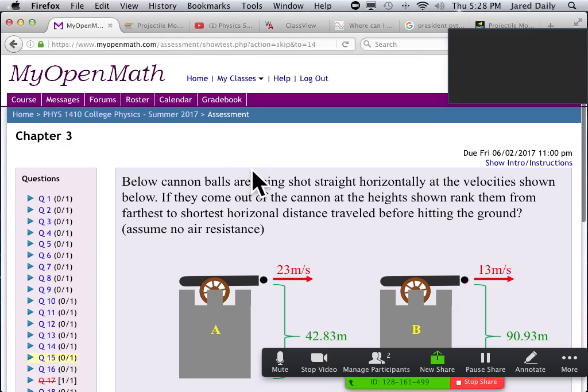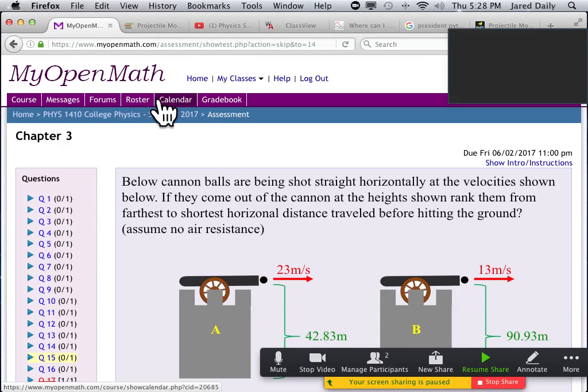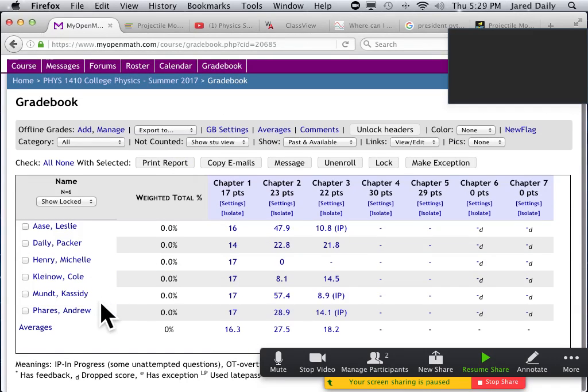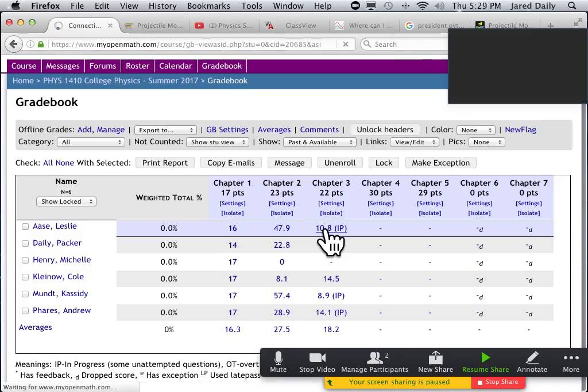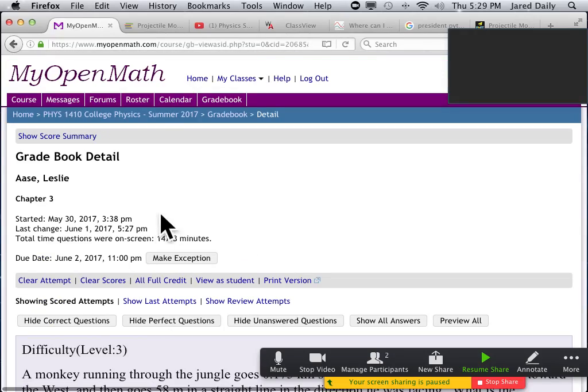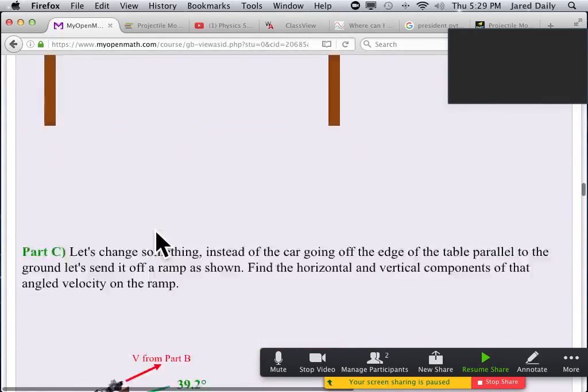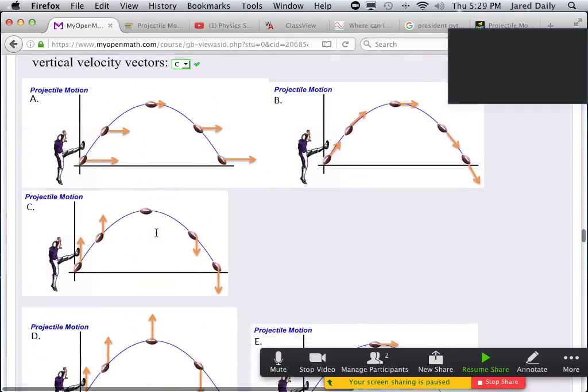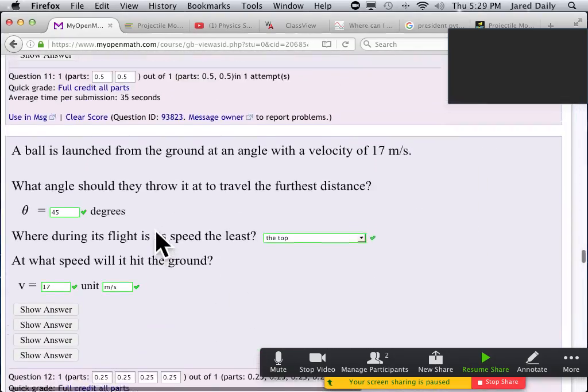Tell me what you did. Let's see here. I can look at yours really quick and see what I've got for you. So tell me the letters that you have in order.